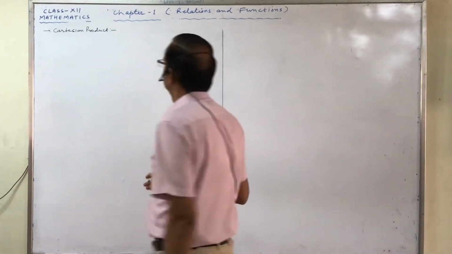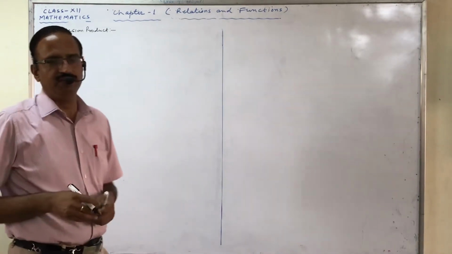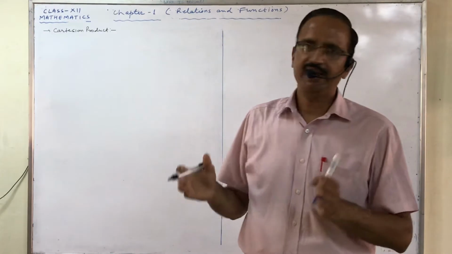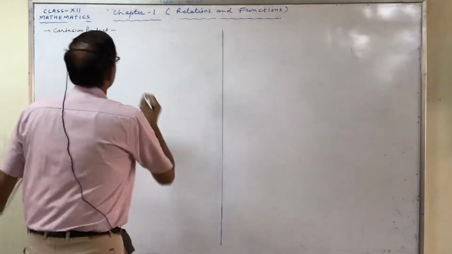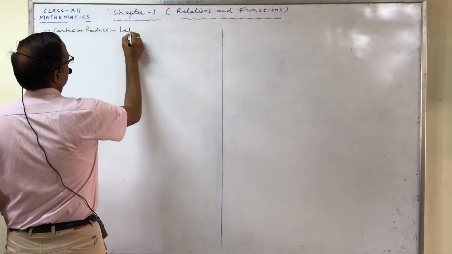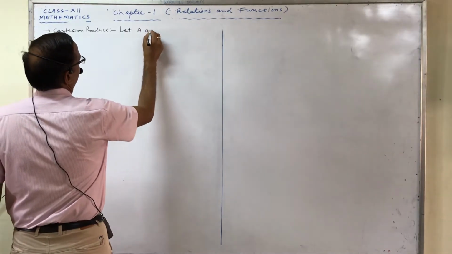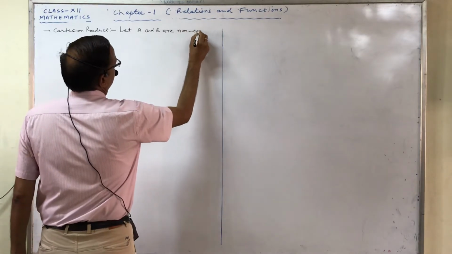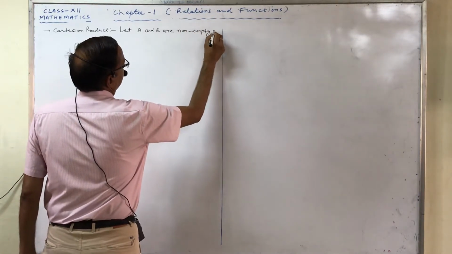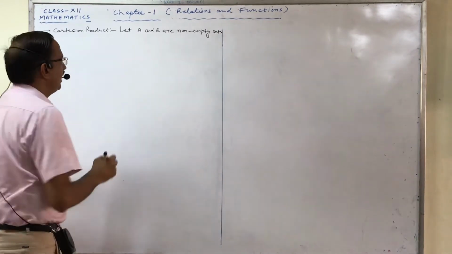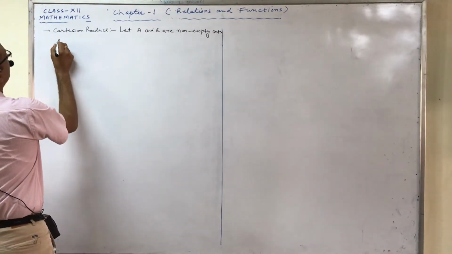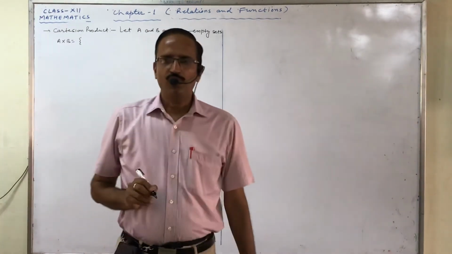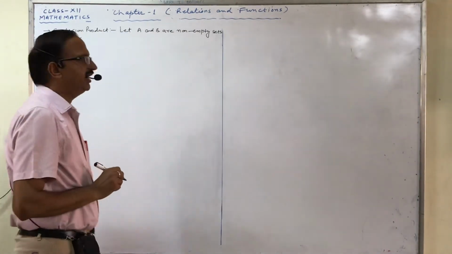Then the Cartesian product is the set of all ordered pairs from A and B. So let A and B be non-empty sets. Then the Cartesian product A cross B is the set of all ordered pairs from A and B.